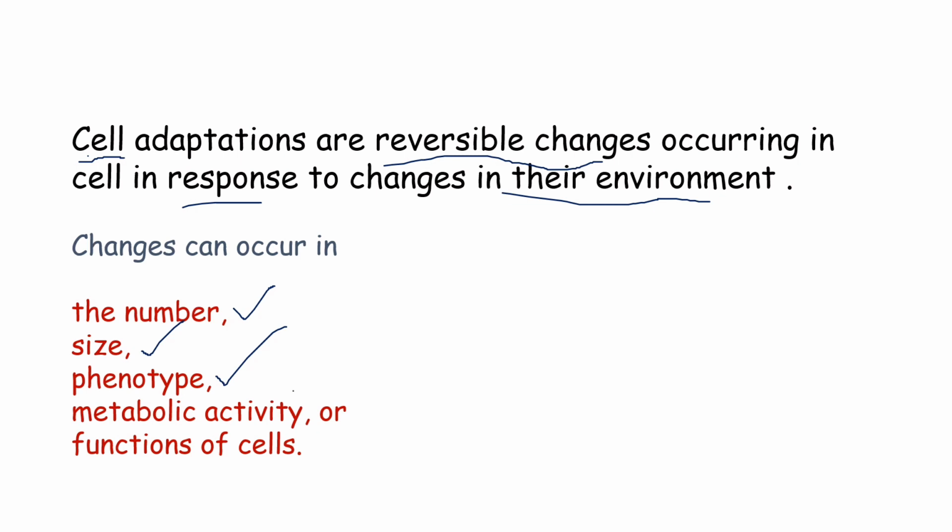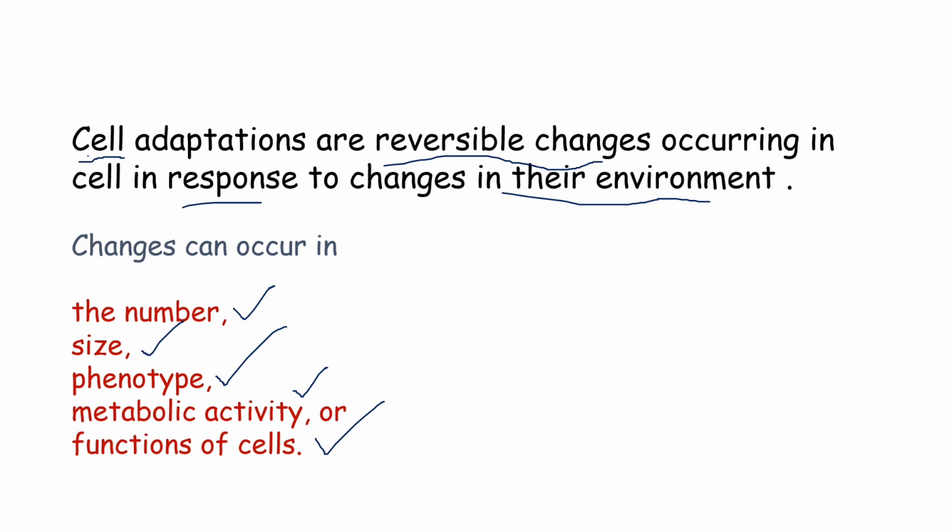Then you have metabolic activity, which will increase when the functional demand increases, so the cell will adapt by increasing its metabolic activity so that it can cope with the stress. And finally, it can increase or decrease the function of the cell. So these are all the cell adaptations that occur.